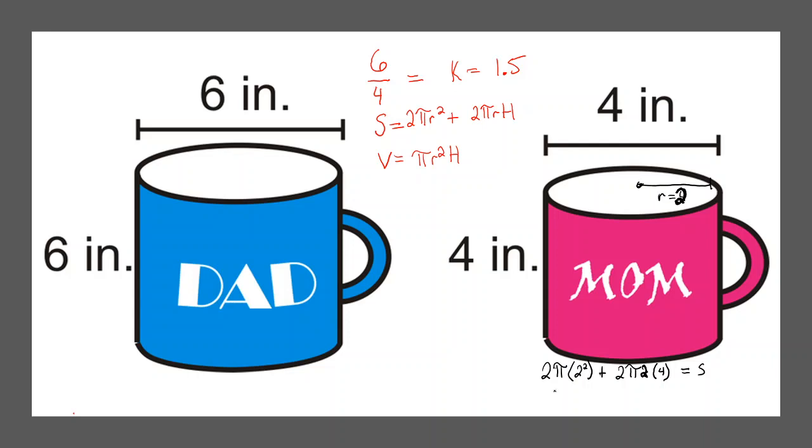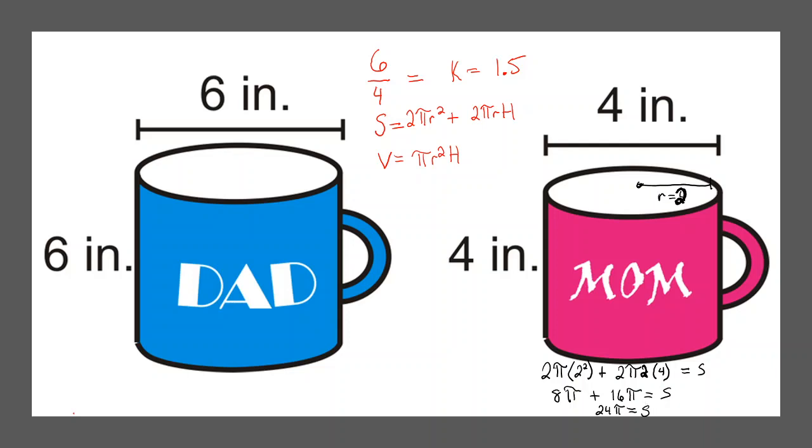So that would be 2 squared is 4. 4 times 2 is 8 pi plus 2 times 2 is 4 times 4 is 16 pi. So those are like terms, so I can add them. And when I do, I'm going to get 24 pi equals the surface area. Wonderful.